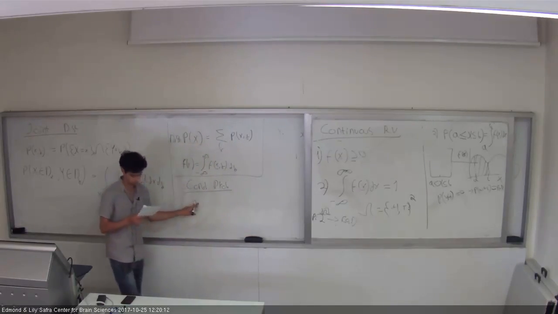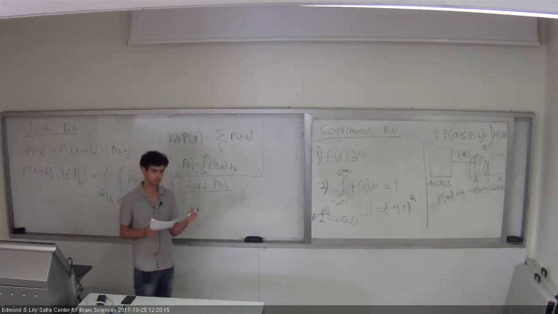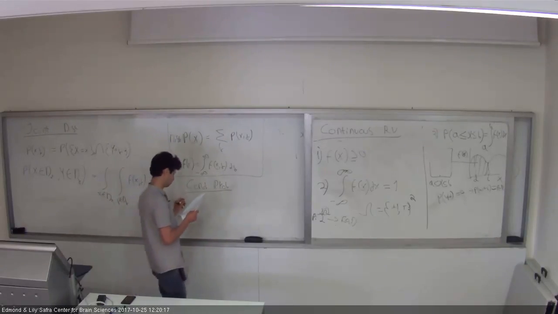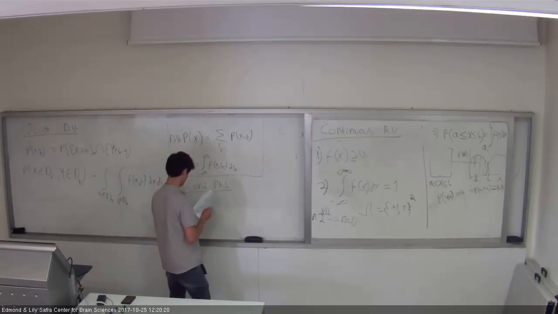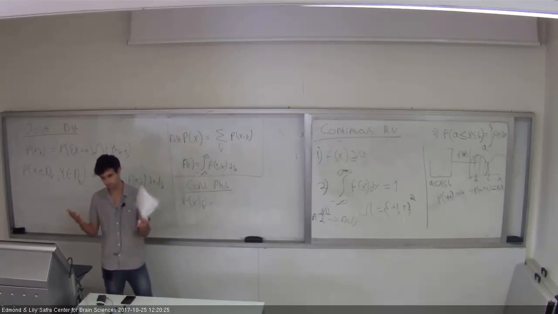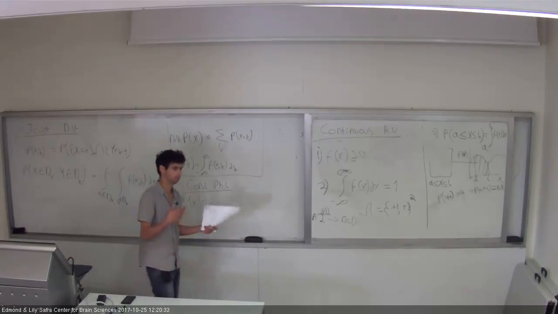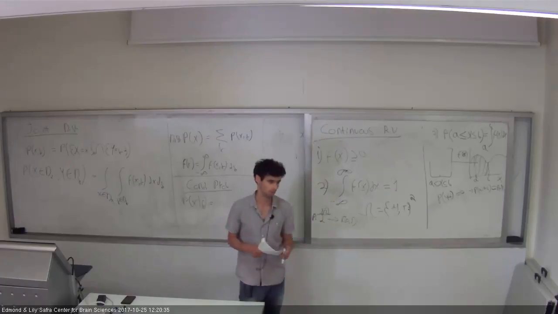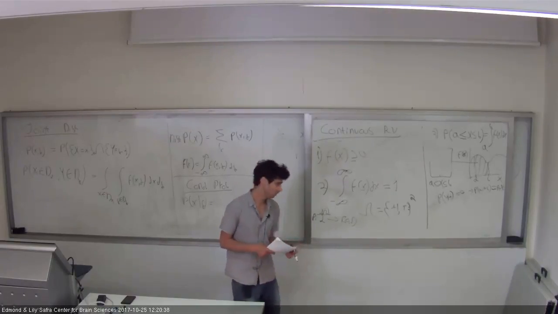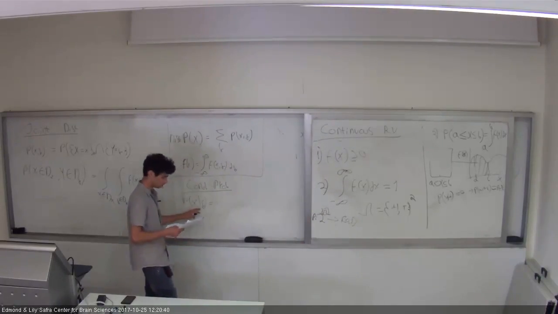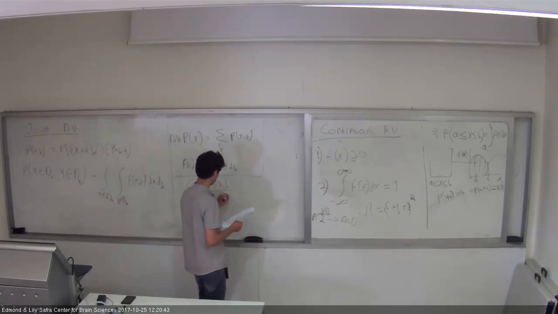The conditional probability of x given some specific value of y, p of x given y, is equal to, the same way that we did with events, the probability of x and y divided by p of y.